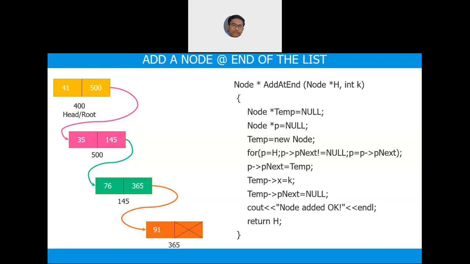If a question asks you to implement a C++ module to add a node k at the end of an integer singly linked list, this is for 2 marks. This is the question.